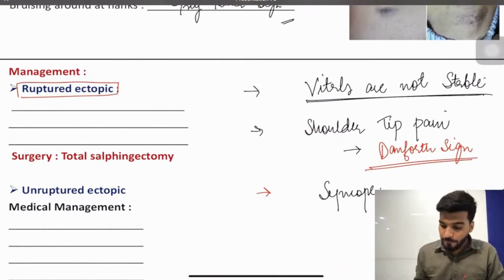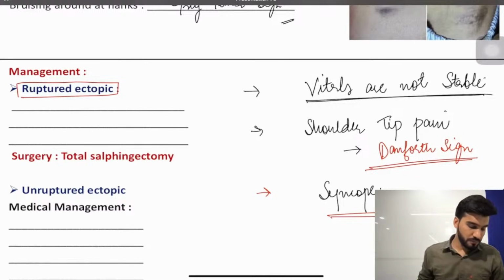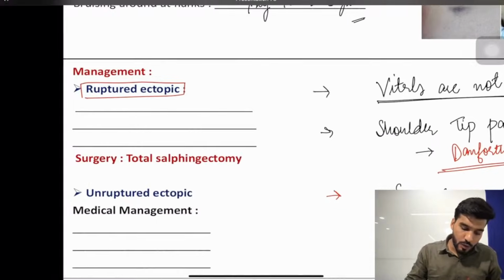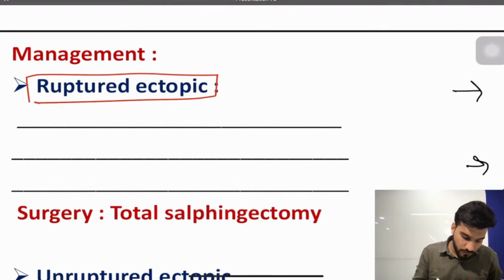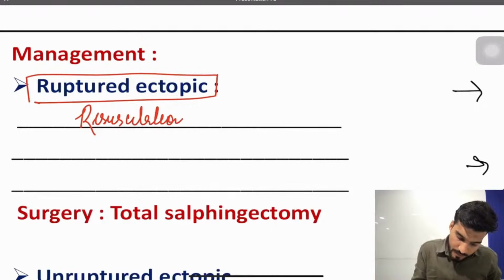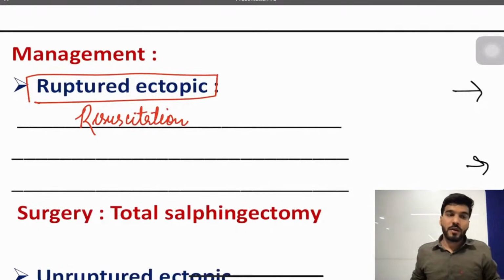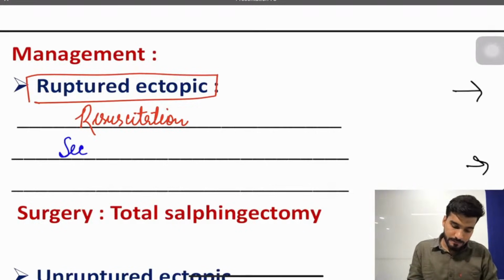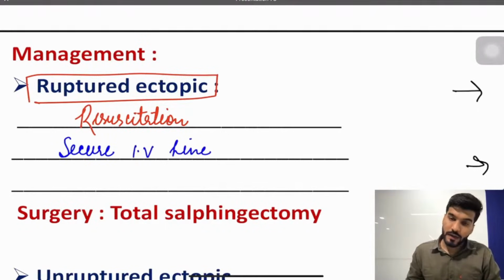Now, if a patient is coming with a ruptured ectopic pregnancy, what is the first thing we will do? First of all, we will do resuscitation. Followed by resuscitation, secure the IV line.